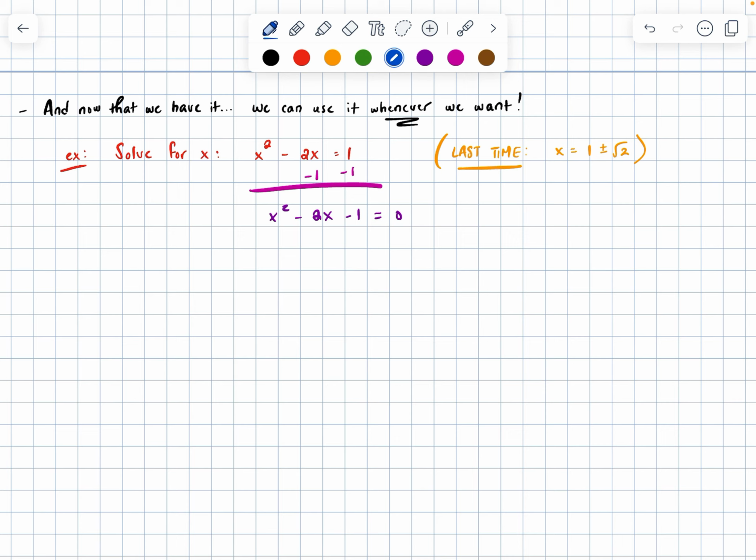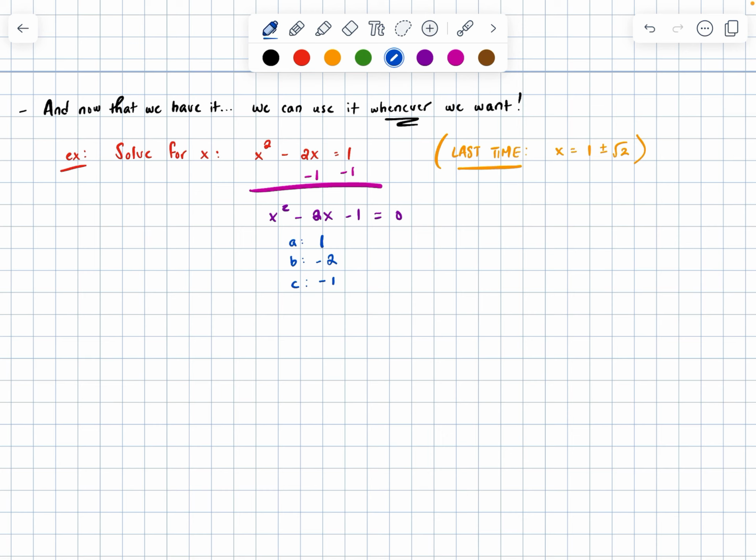Now for my quadratic formula. I need to identify my values of a, b, and c to substitute in. Well, in standard form, a is the leading coefficient. In this case, that invisible 1 is in front of x squared. b is my middle coefficient, that's negative 2.